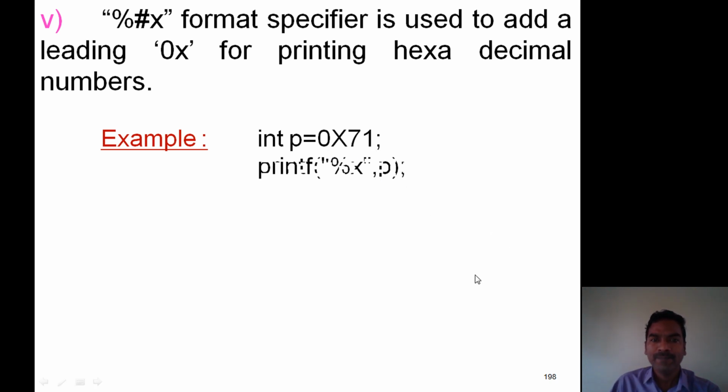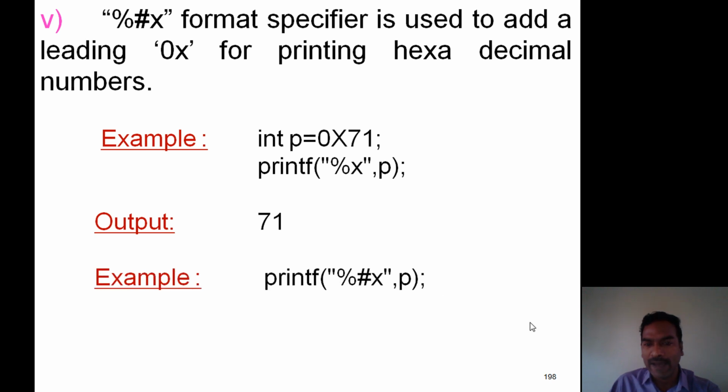Now while printing, if we use %x, the output becomes 71. Here the value does not precede with 0x. When we use the format %#x, the output becomes 0x71.